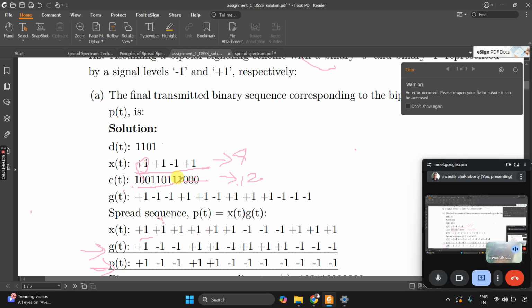So plus 1 plus 1 plus 1, then again plus 1 plus 1 plus 1, then minus 1 minus 1 minus 1, then again plus 1 plus 1 plus 1. So that is the new spread sequence. But we have to multiply that with the code.